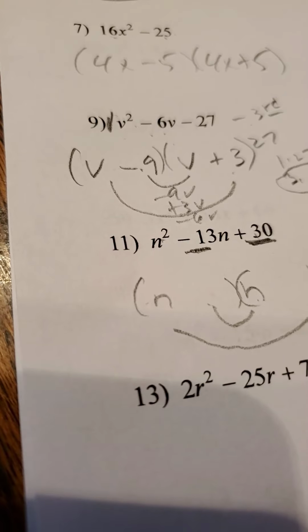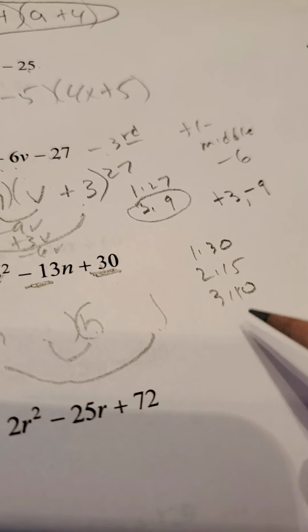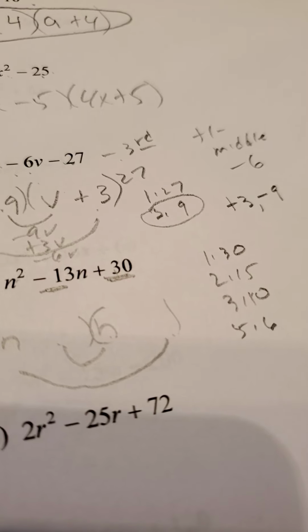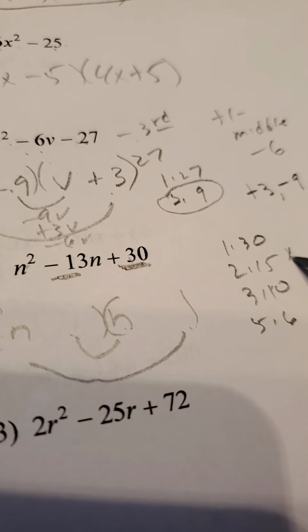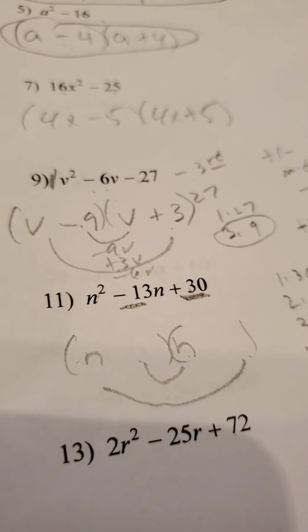My options are 1 and 30, 2 and 15, 3 and 10, and 5 and 6. Which one of those can you get a 13 out of? This one's kind of tricky. Both of these you can get a 13 out of. This one by adding, this one by subtracting.